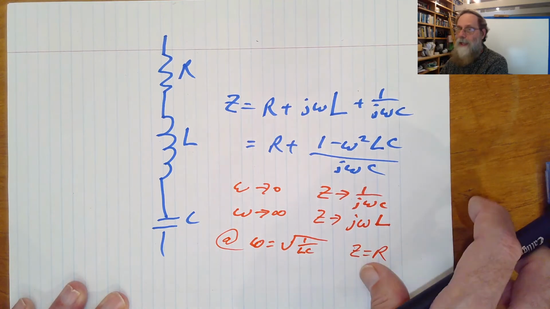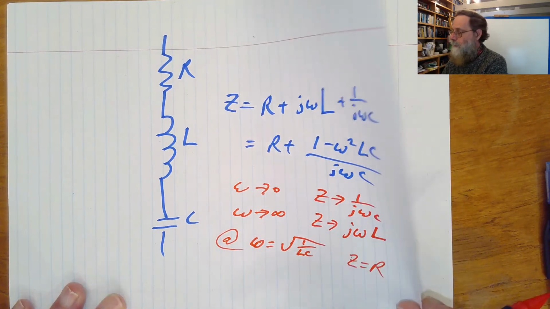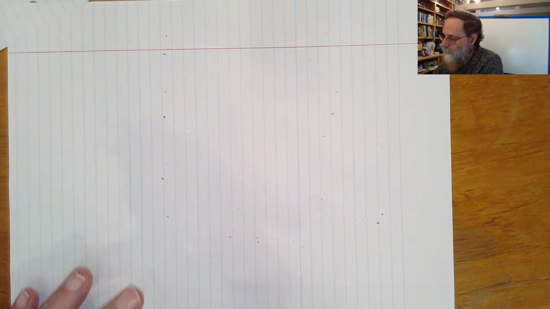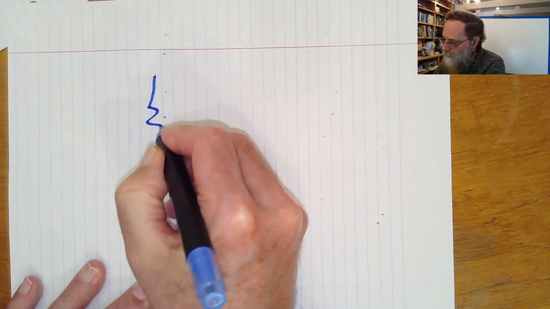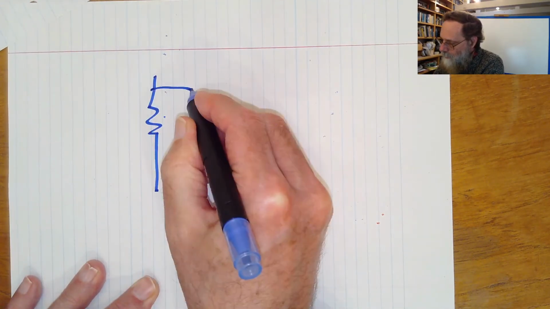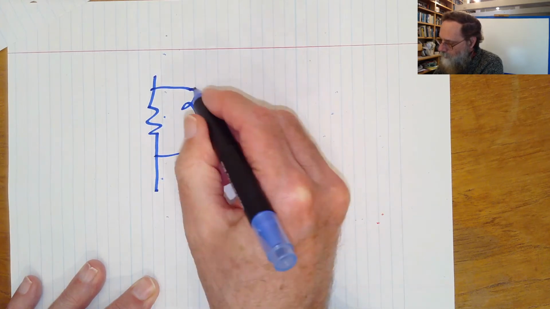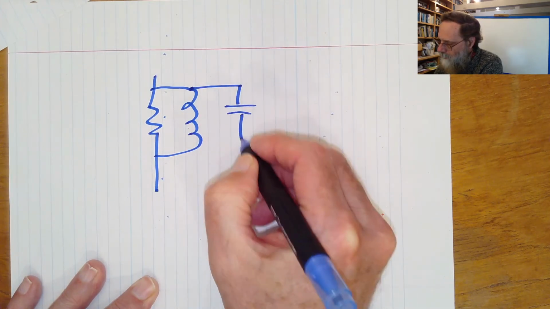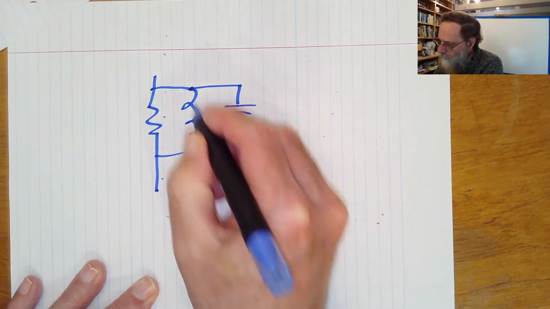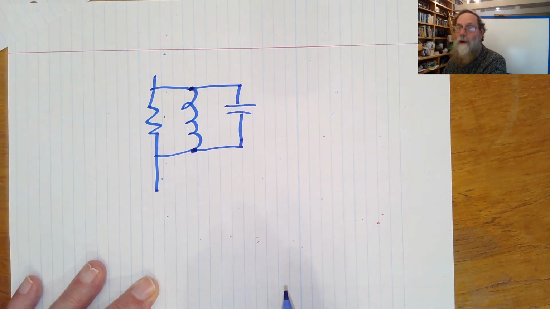Let's go through the same analysis now for the parallel connection. Now we have the resistor, the inductor, and the capacitor all in parallel.